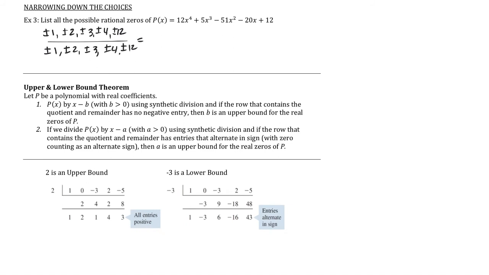We could have 1, 1/2, 1/3, 1/4, 1/12, we could have 2, 2/3, 2/4, we already got a half, 2/12, that's a sixth, we don't have that one yet.